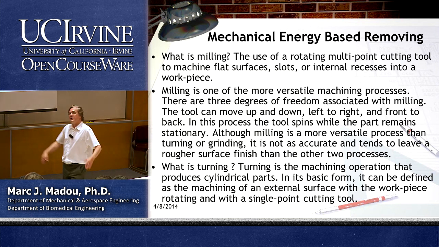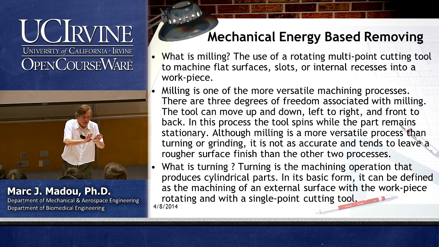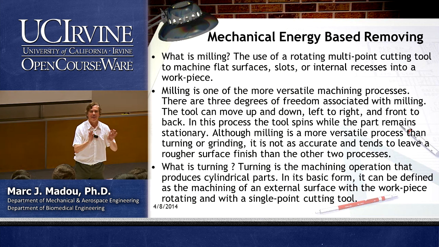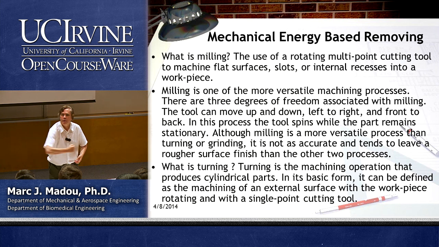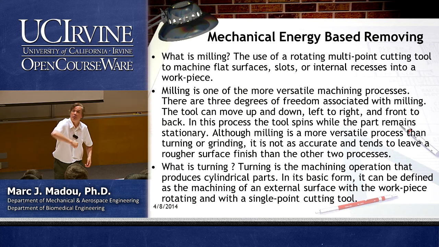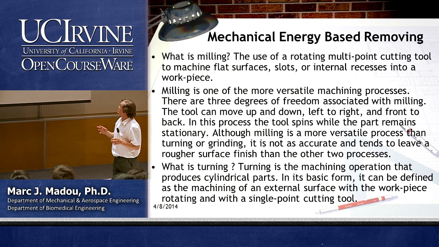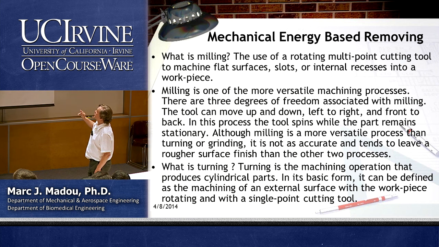So when you've seen these CNC machines, and you see basically a cabinet with a plastic wall, and you see water hitting the workpiece, and you see a tool that can move in the X, Y, and Z direction, and on top of that rotate, you know you're looking at a milling machine, a CNC machine. Milling is one of the more versatile machining processes. There are 3 degrees of freedom associated with milling. The tool can move up and down, left to right, and front to back.